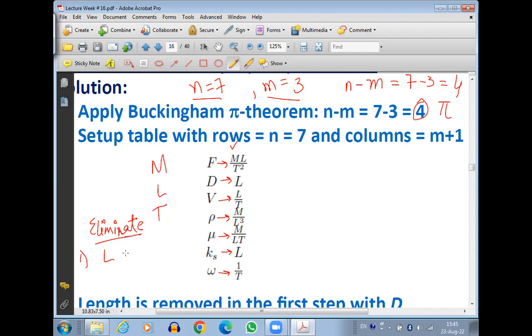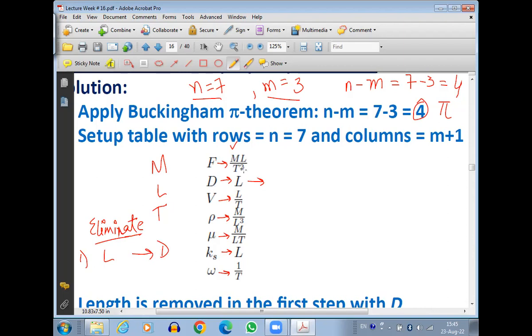We will use length as D to eliminate. So one by one, let's talk about this. If I divide diameter by diameter, then it's just 1.